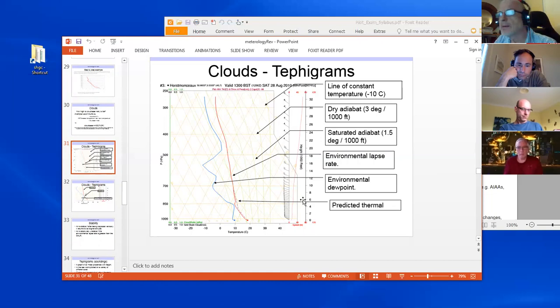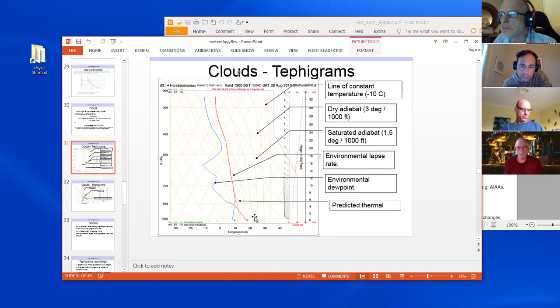From understanding it, part of the reason I include it is because it's much more realistic than the earlier diagrams. So this is very common, what you'll see here in terms of the gap between the dotted line and the red line. The dotted line is your parcel of air, the red line is the environment, and you'll notice it moves quite close to it.